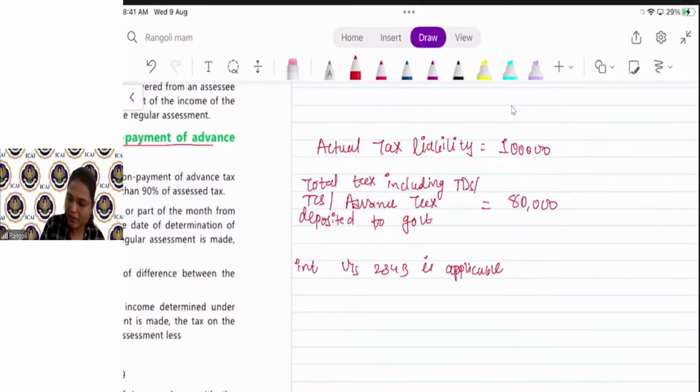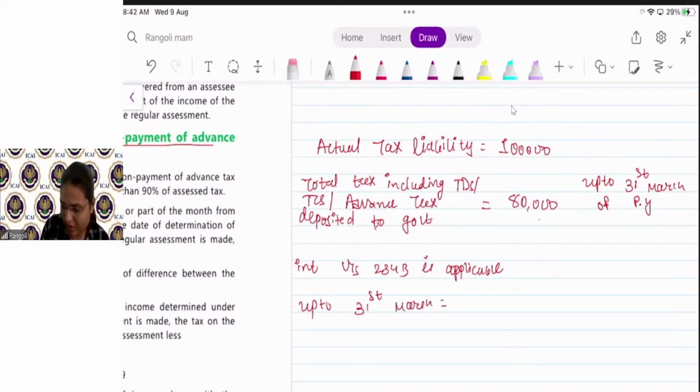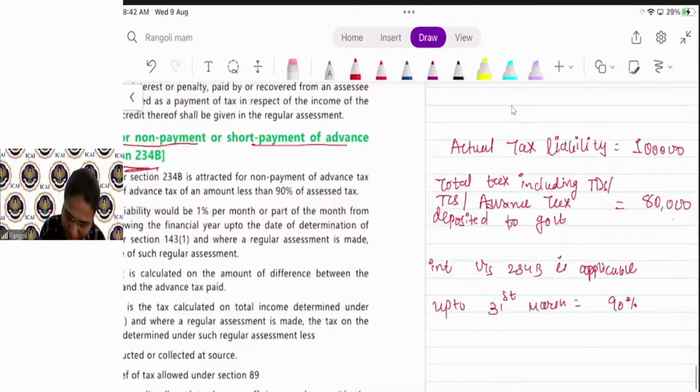Up to 31st March of the previous year, if I have already deposited to the government 80,000 rupees, including advance tax, TDS, TCS, etc. What section 234B says is that up to 31st March, you need to deposit 90% of your assessed tax, that is the actual tax liability, to the government.